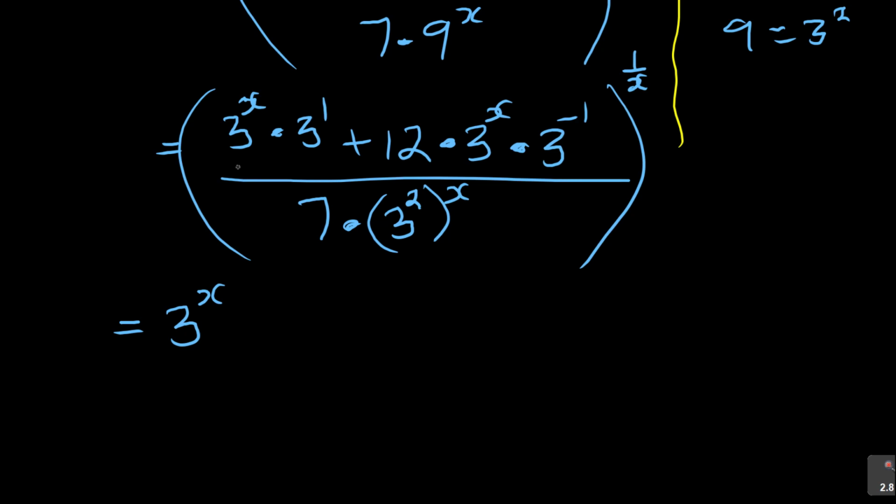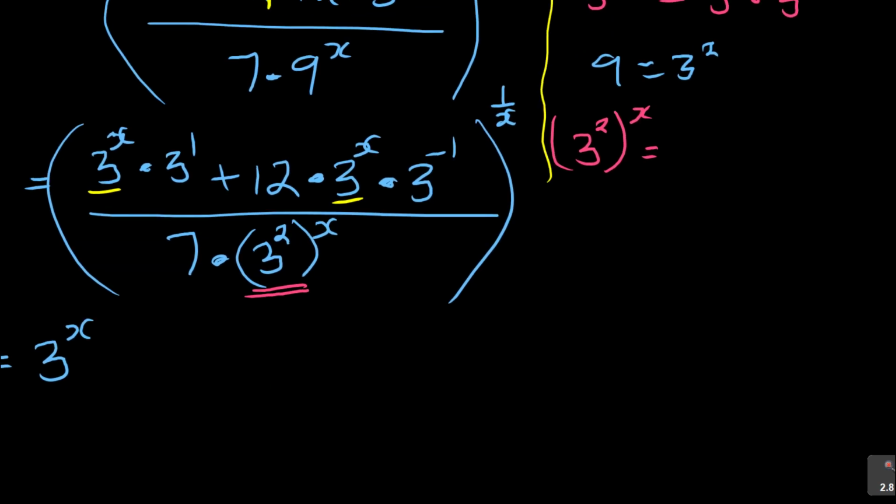But also, if I focus at the bottom, this 3 to the power of 2x is the same as saying 2 and x multiplied. But I don't want to use that. I want to simply say, what is 3 to the power 2x?